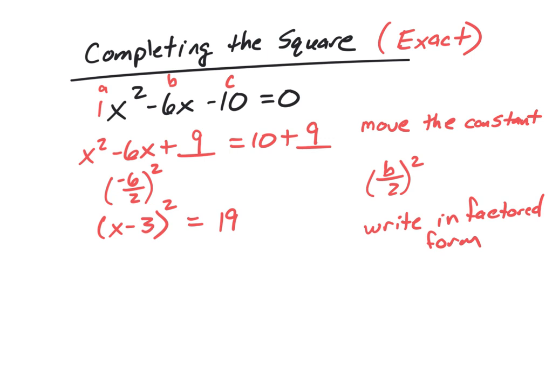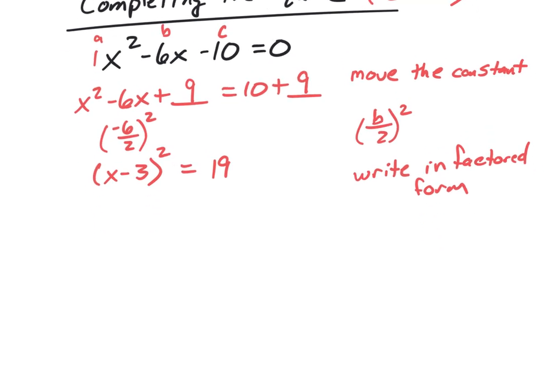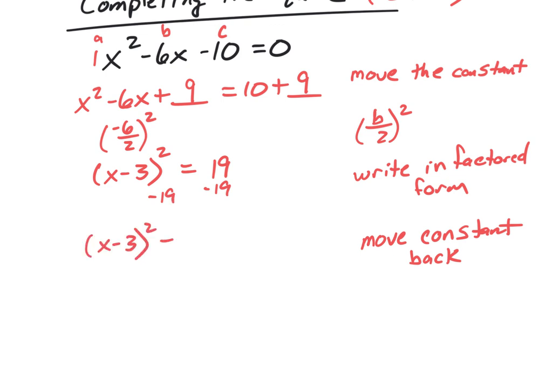Okay, and then my last step, we are going to move the constant back. So we're going to subtract 19 from both sides. And that would be one way to write the equation.